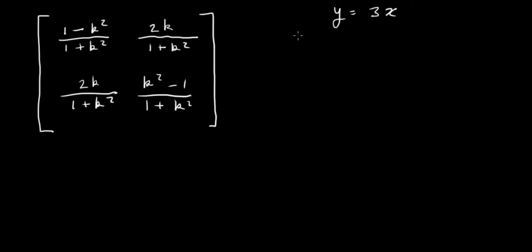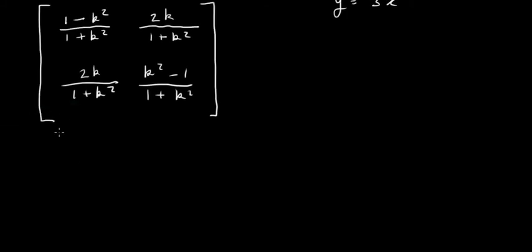I'll do it down here. So let's see. We're going to end up with 1 minus 3 squared. Well, 3 squared is 9. 1 minus 9 is 8 over 1 plus k squared. Well, 3 squared is 9 plus 1 is 10. So our denominators will all be 10. You just have to work out the numerators.